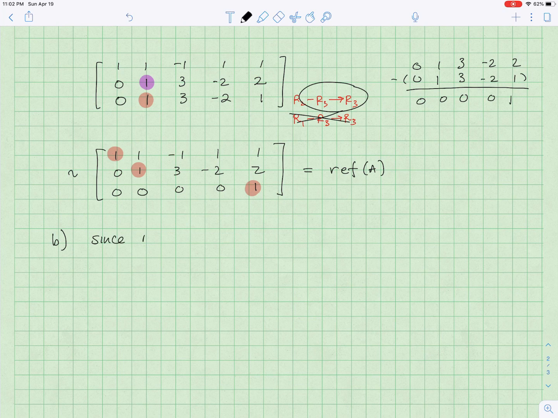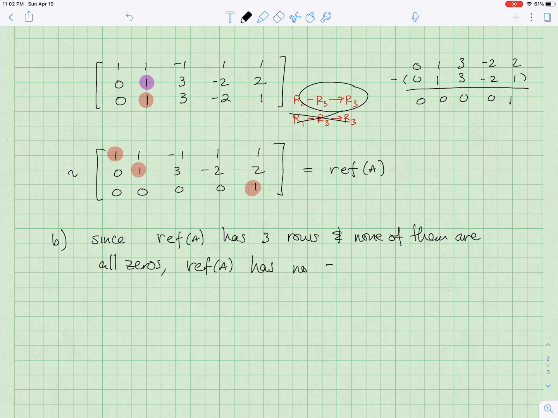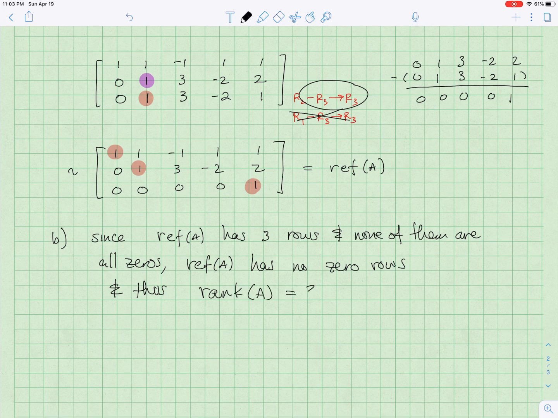Since REF of A has 3 rows and none of them are all zeros, REF has no 0 rows, and thus the rank of A is equal to 3.